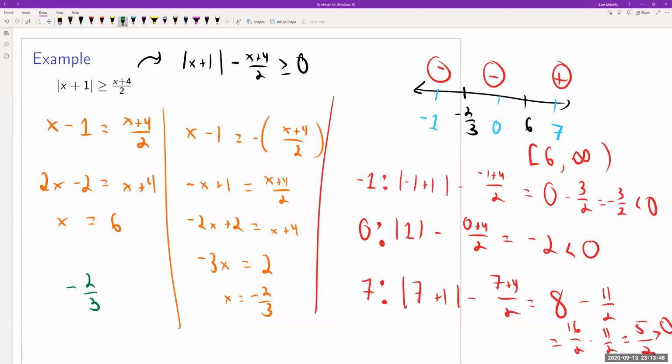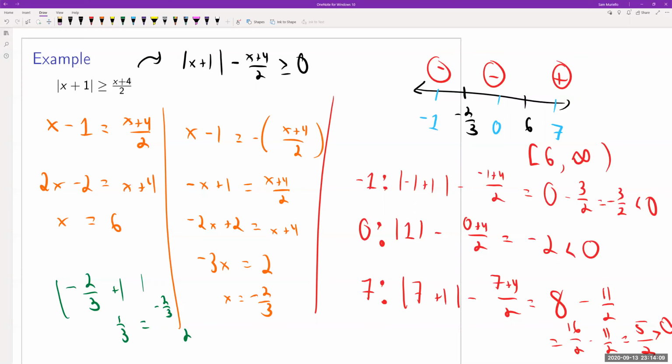Negative 2/3 plus 1 will be 1/3 is equal to negative 2/3 plus 4 over 2. So that will be 10/3. What did I do wrong?